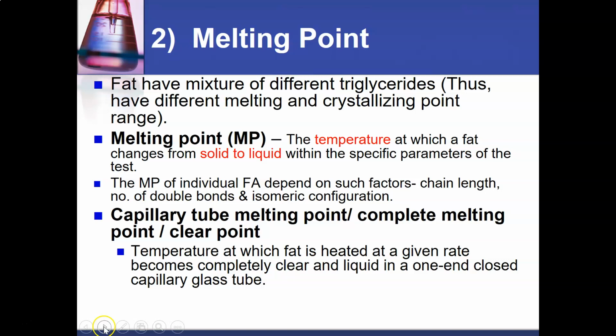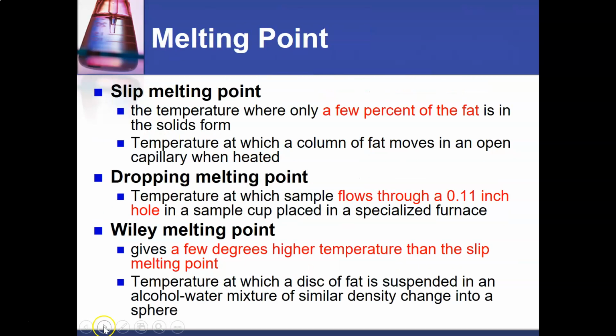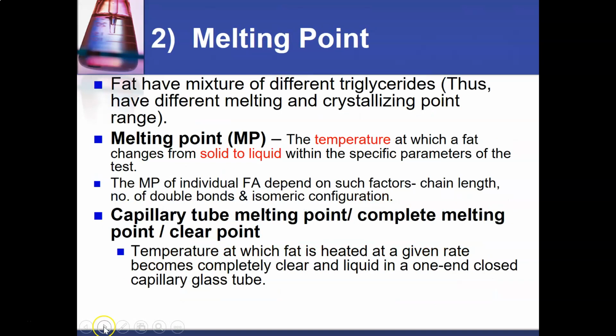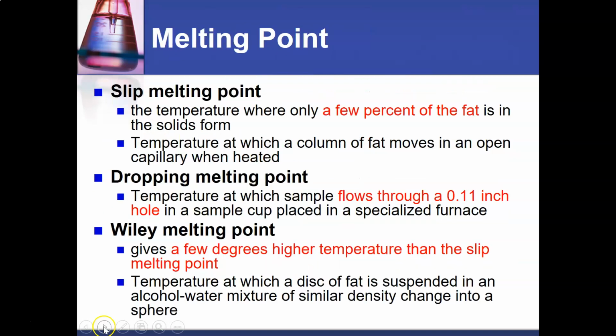So basically when we heat the fat, it will become liquid. This is one type of melting point. They call it capillary tube melting point, because they are using a capillary glass tube.